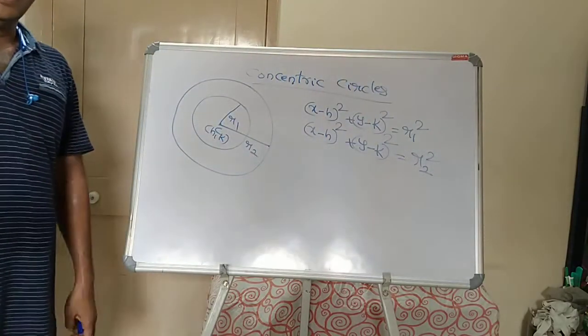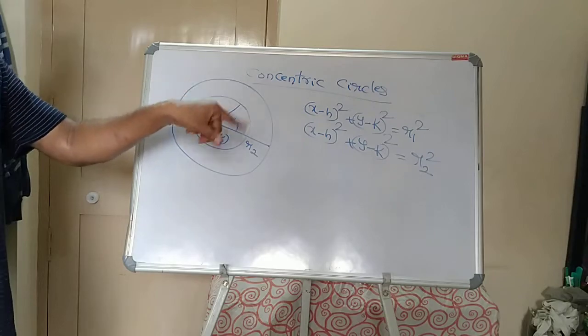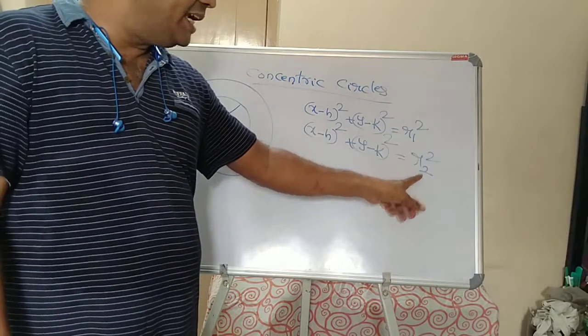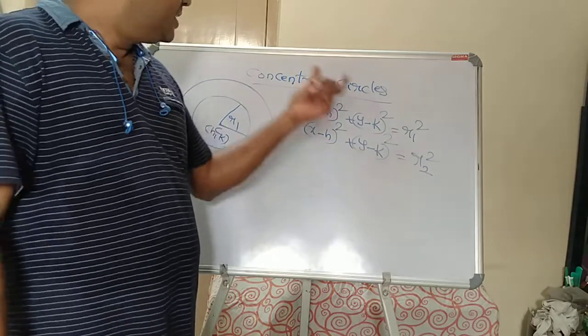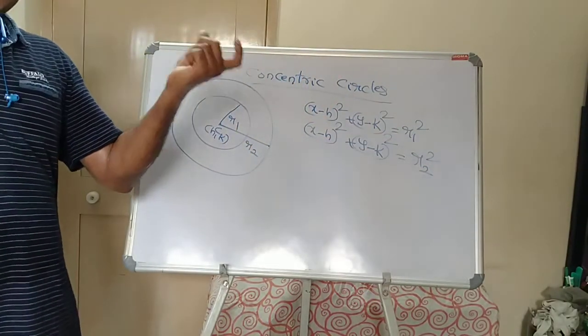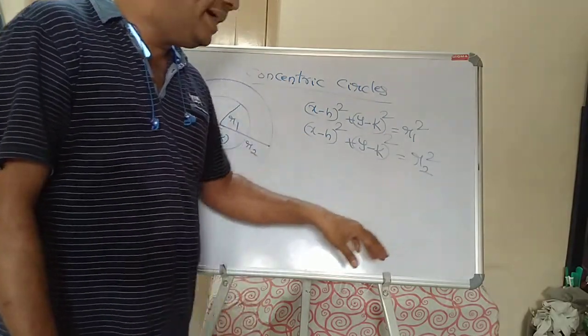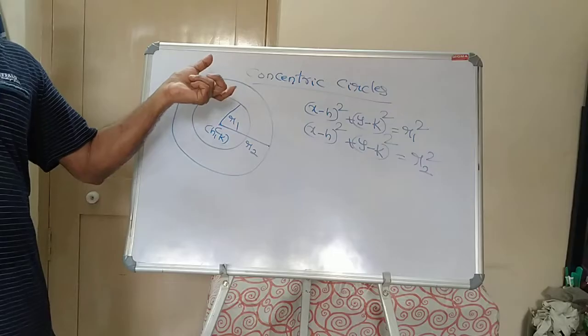Now we observe here that concentric circles differ by the constant term only, but the center is the same.